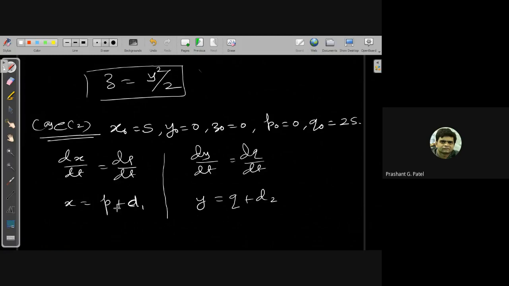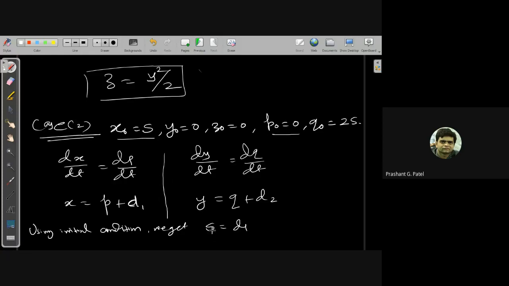So hence, if I use the initial condition now, that is x0 as s, and I substitute p0 is 0, we get s is equal to 0 plus d1.